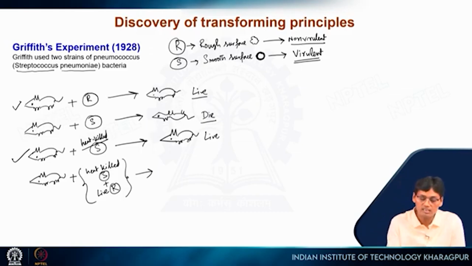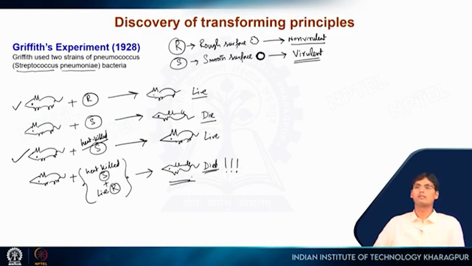But in this case, surprisingly, he found that the mouse died. This is very surprising, because individually the heat killed S strain cannot cause the disease, and live R cells also cannot cause the disease.